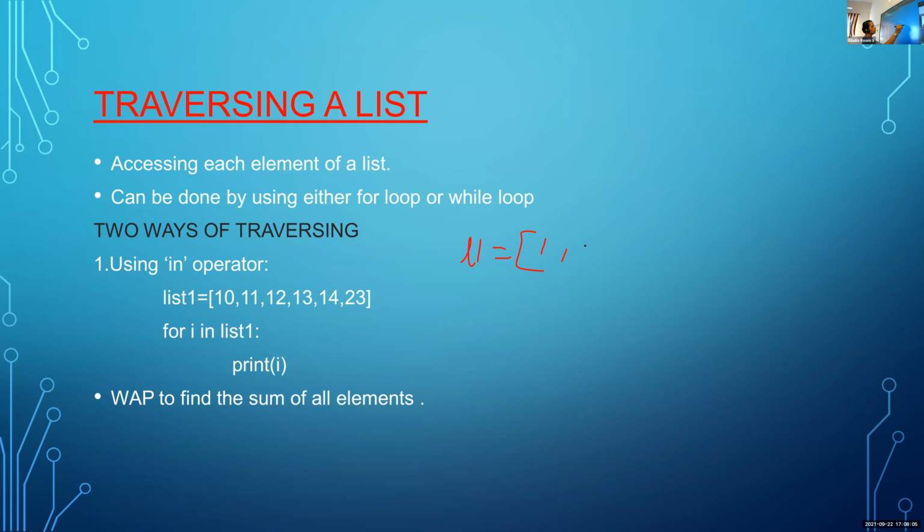Here it is 1, 2, 3, 4. L1 is equal to 1, 2, 3, 4. I'm creating a list. The list name is L1. L1 is equal to 1, 2, 3, 4. All of you switch on the video, children.